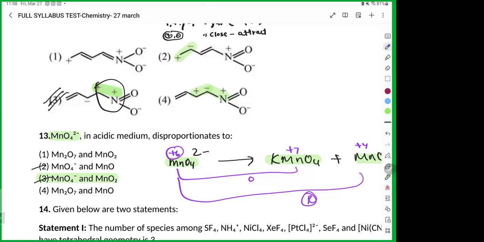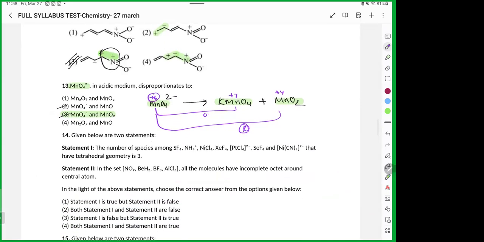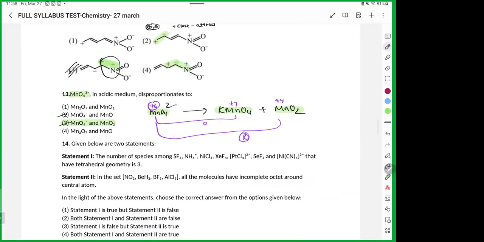And this is your G. Correct? Solve question number 14. Geometry. Number of species that have tetrahedral geometry is 3.